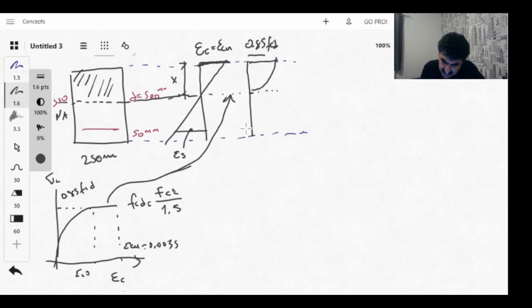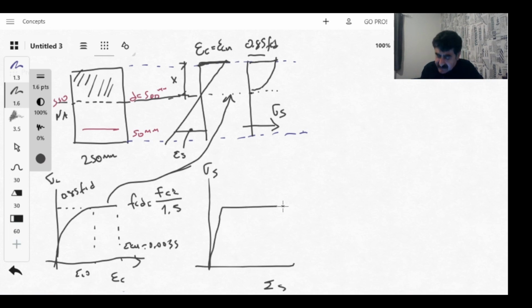Let's check the steel. In steel we have only a point, so we need just one stress, sigma s. According to the strain, epsilon s and sigma s, according to Eurocode it is a bilinear curve. After epsilon y, our stress will be equal to fy, directly fy.